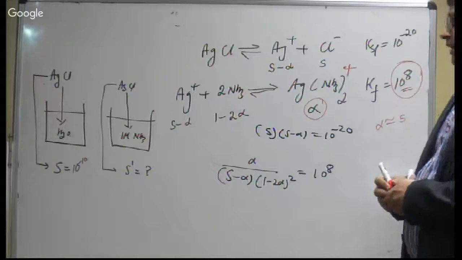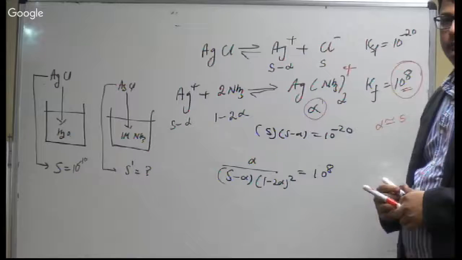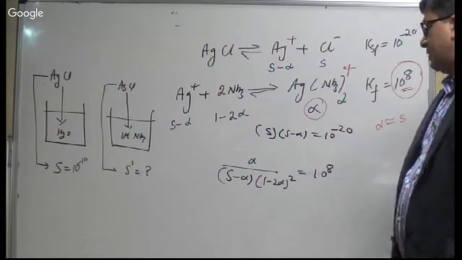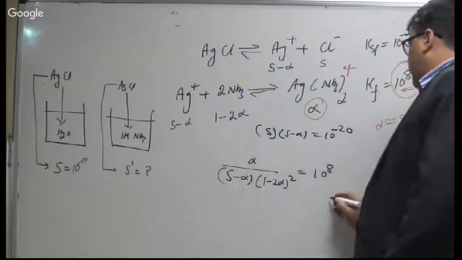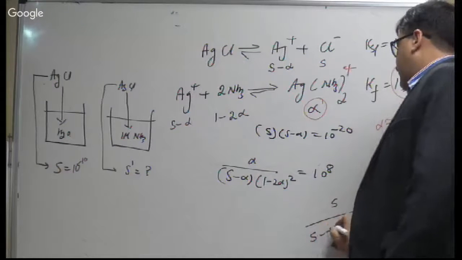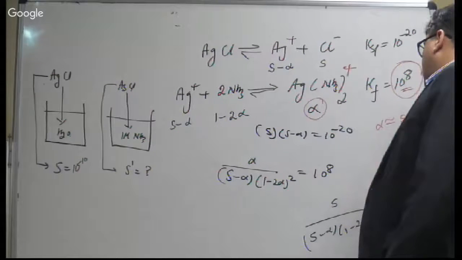Approximately equal to. I am not saying exactly equal, because if they are exactly equal, this will become 0. But approximately they can be equal. So in this last equation, in place of alpha, can we write S, and this is (S minus alpha) into (1 minus 2 alpha) squared equal to 10 to the power 8.